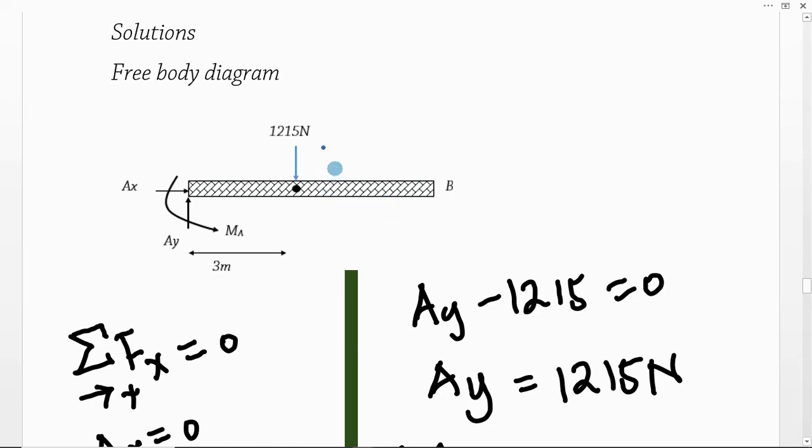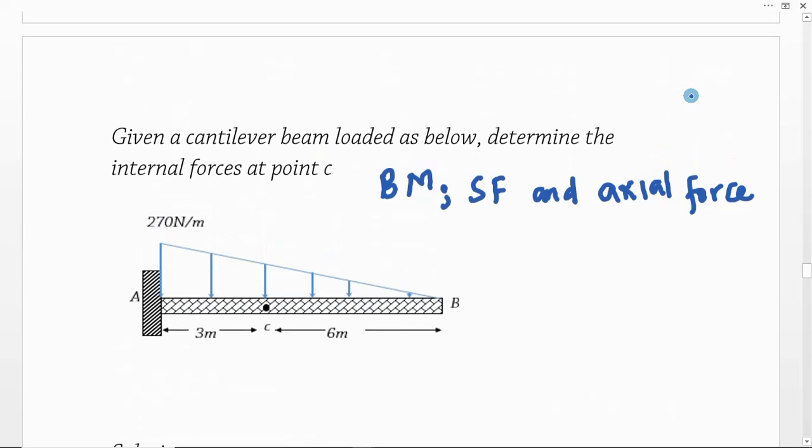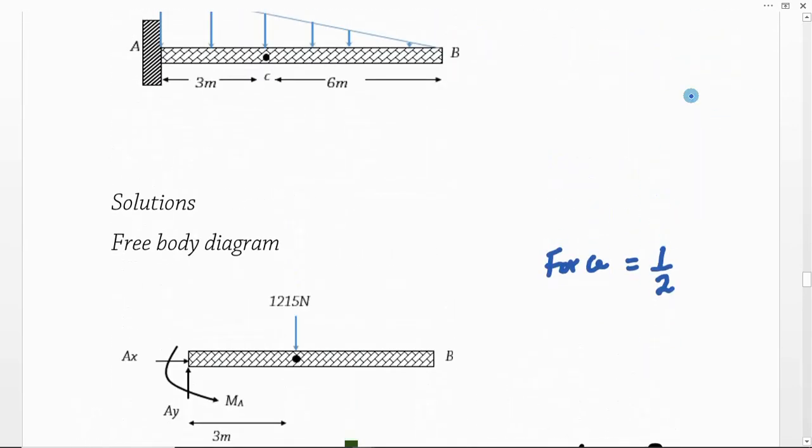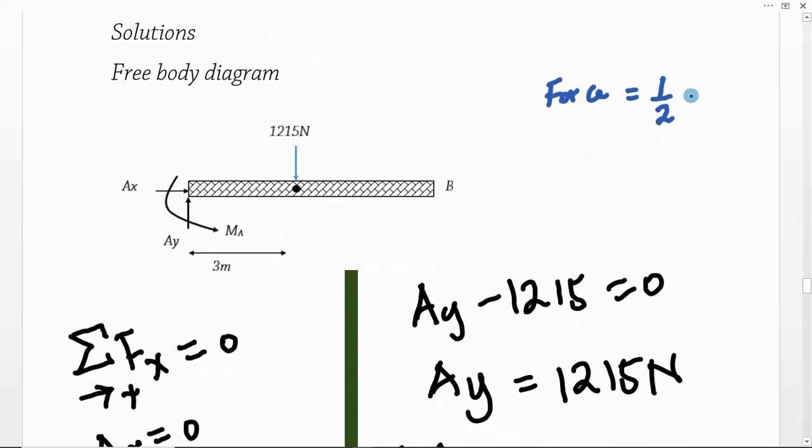When we calculate the total force that comes from the distributed load, it is 1215 newtons, and this is where it comes from. The distributed load is in the form of a triangle, and therefore that force is always equal to the area under the distributed load, so this will be a half base times height. The base is 9 meters, then the height is 270 Newton per meter.